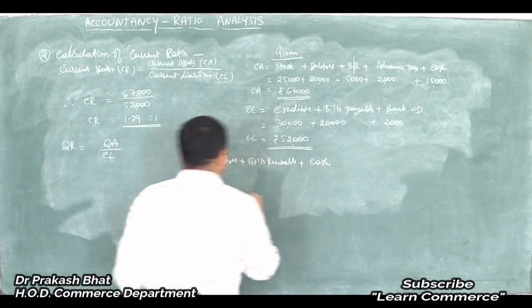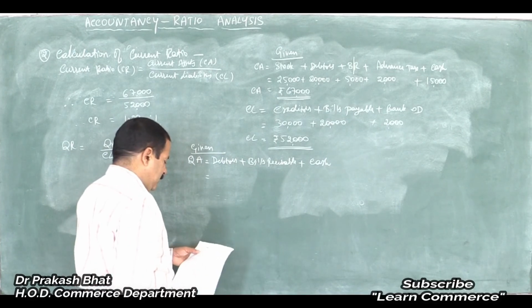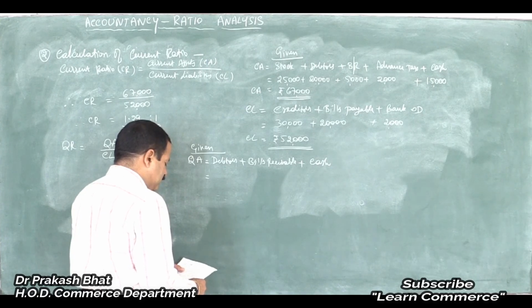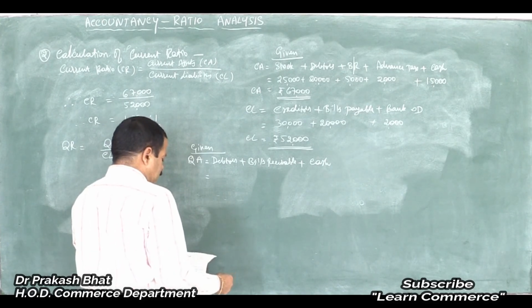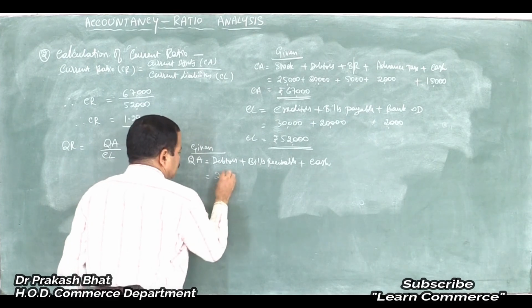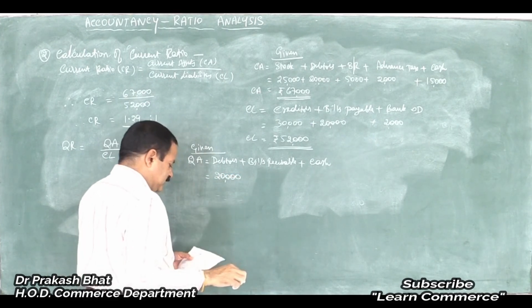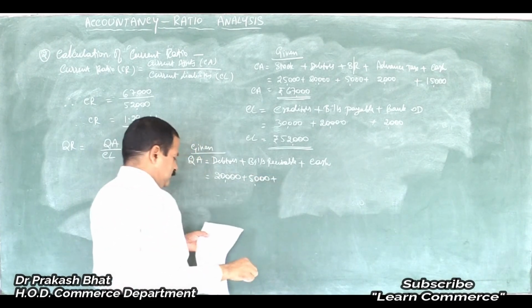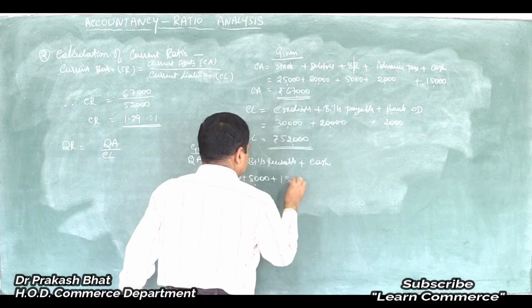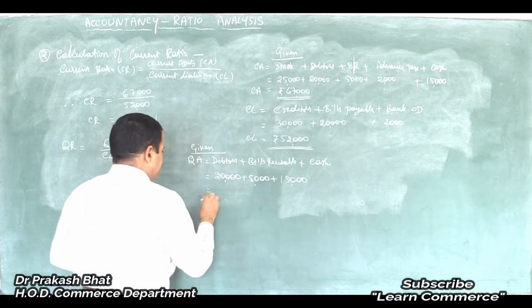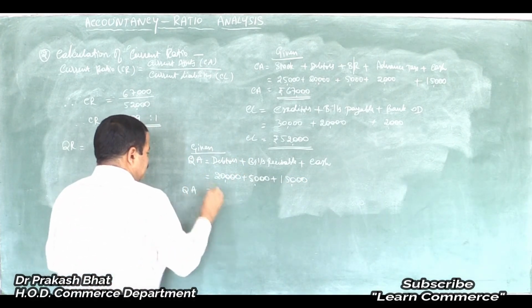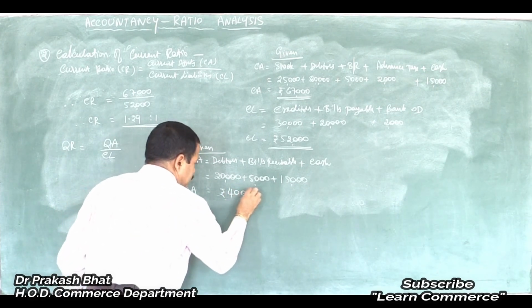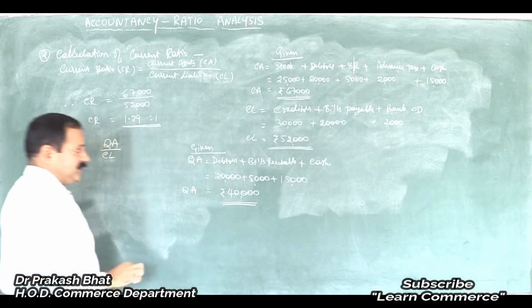So it is equal to 20,000 plus 5,000 plus 15,000. How much will it be? Therefore, quick assets is equal to rupees 40,000. Correct?